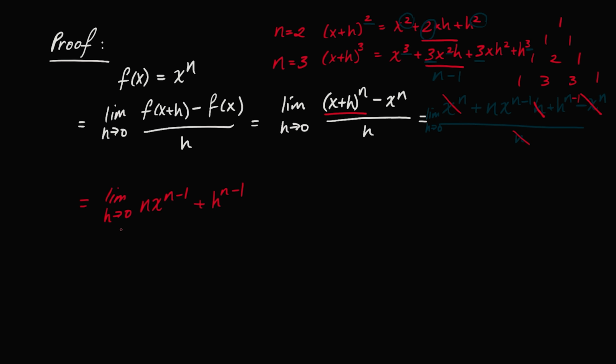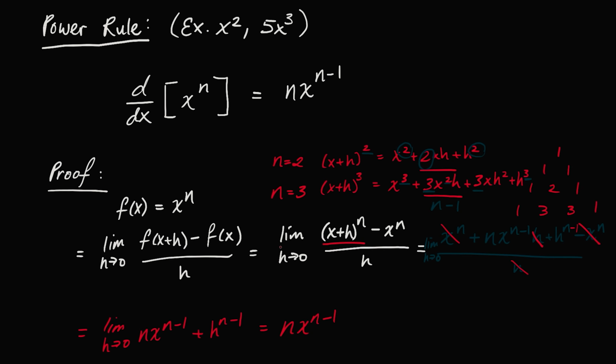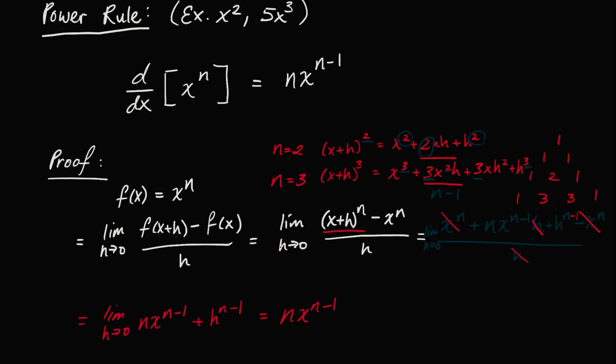And if we substitute in 0 for h, this will just lead us to nx to the n minus 1 power. You see how this is basically the same thing as what we stated up here with the power rule, right? Now, it's something that we're going to apply. We have these proofs and everything, and everything's going to make sense at one point, okay?